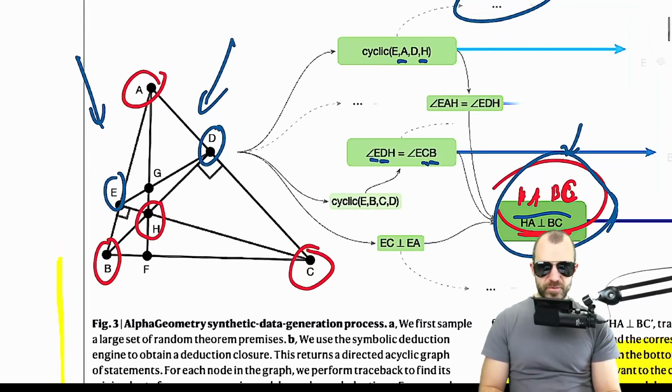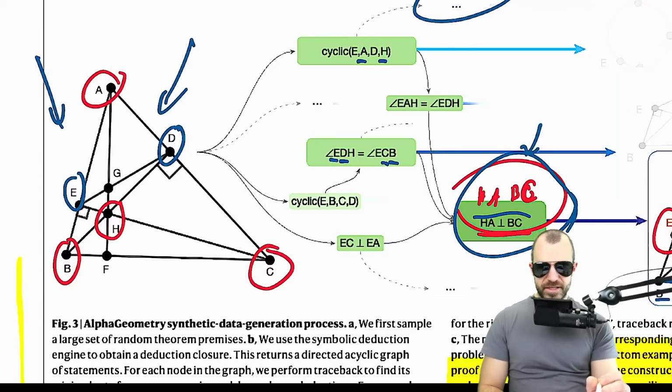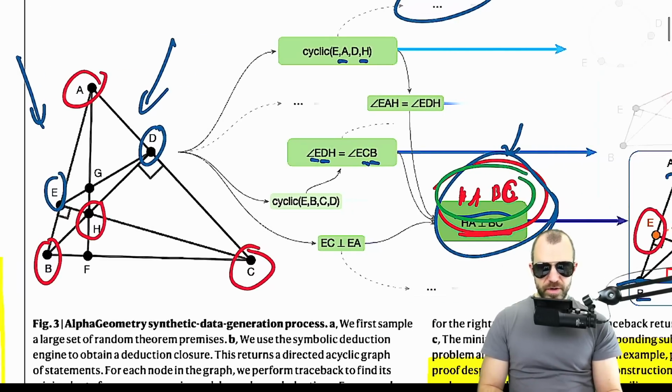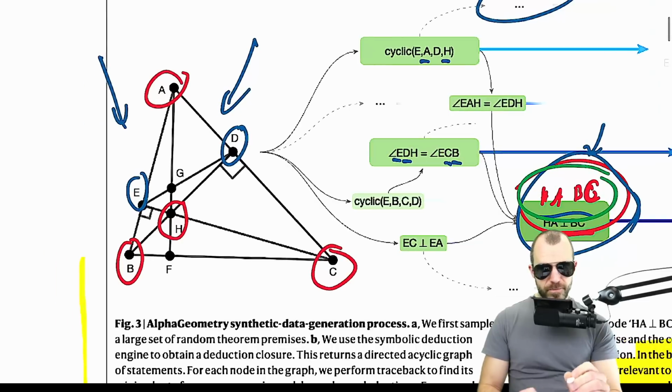Now, what we can do is we can say which elements of the original problem are part of the final statement, and which elements of the original problem are not part of the final statement, but are somewhere part of the proof.